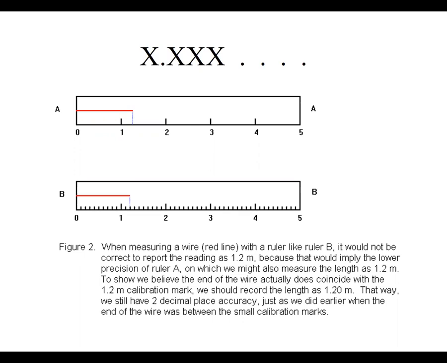If the person who's reporting the measurements is reporting them correctly, it should be possible to determine the number of significant figures just by looking at how they reported their numbers. So if I'm using ruler B and I report it correctly, I will say 1.20 and not merely 1.2. But if I was using ruler A, I would report 1.2. I would not report 1.20 because that would make it look like there was more precision than there really was.